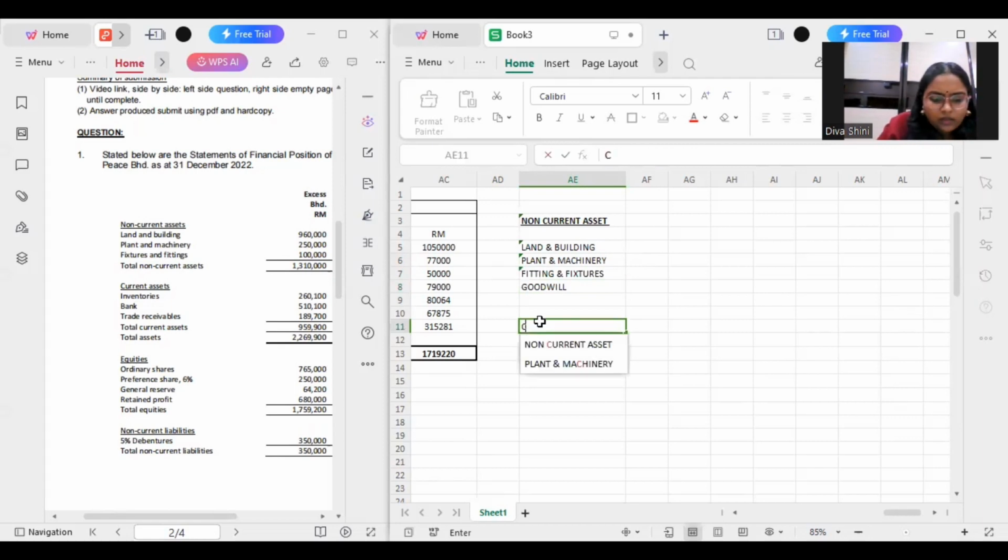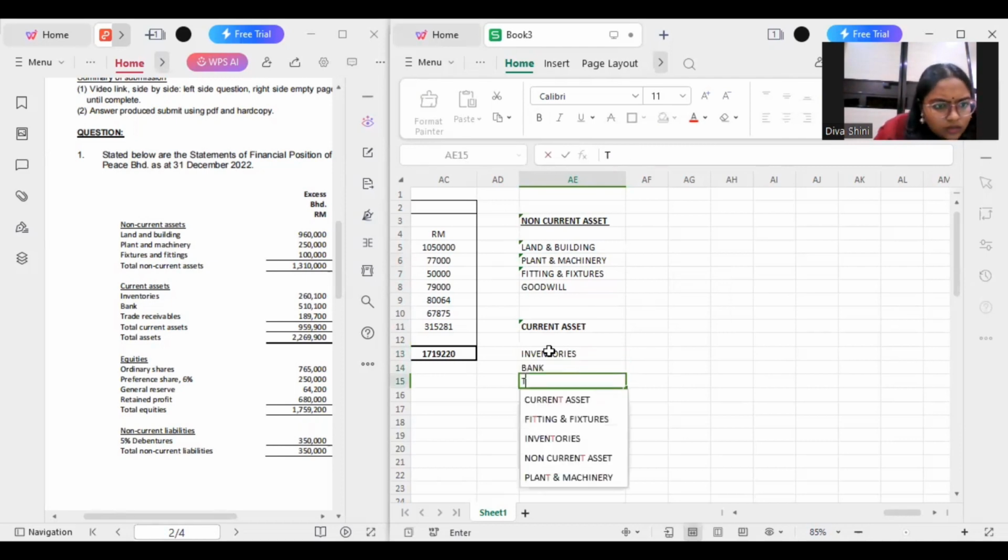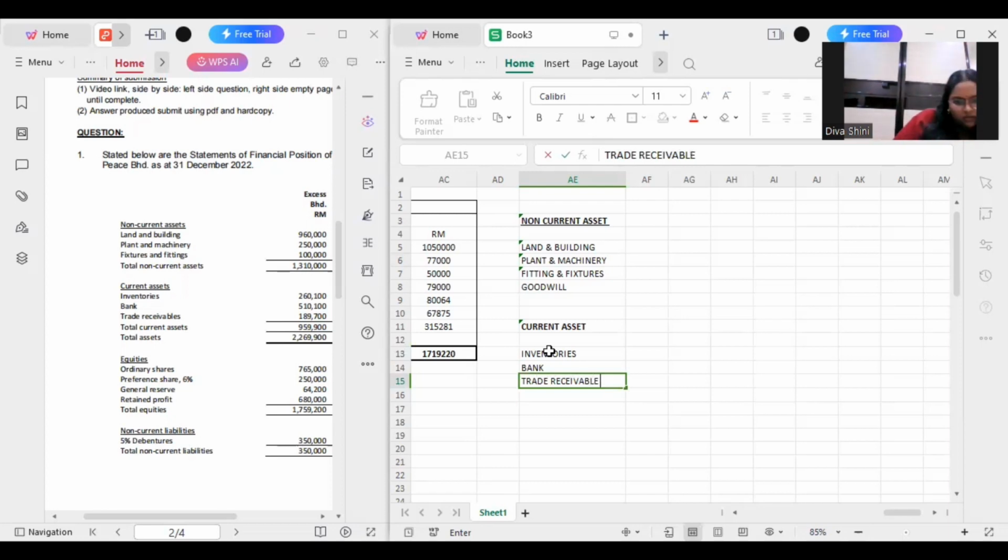And then current assets are inventories and also net receivable. And that's all for current assets.